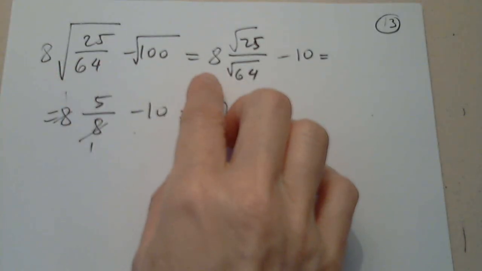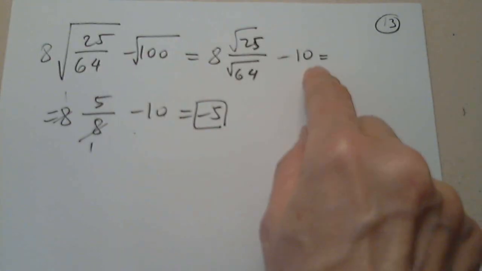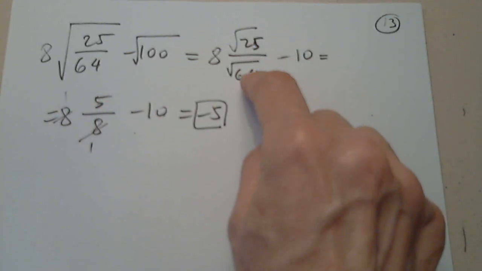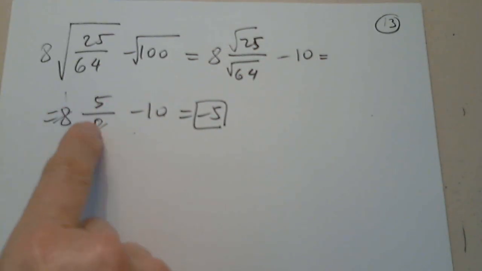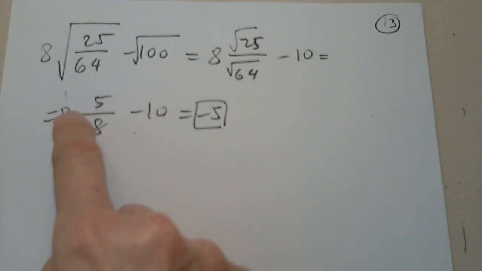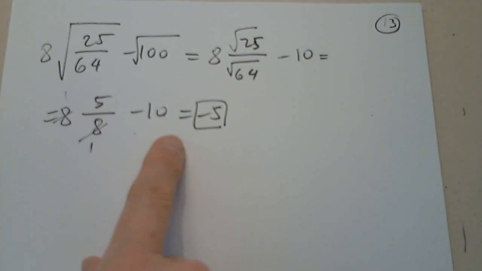So I copied 8. I split the square root into the square root of 25 over the square root of 64, and then minus 10. Then I took the square root of 25 and I got 5. I took the square root of 64 and I got 8. And then minus 10. I simplify, because this is multiplication. So 8 divided by 8 and 8 divided by 8. So I ended up with 5 minus 10. Was that the question?